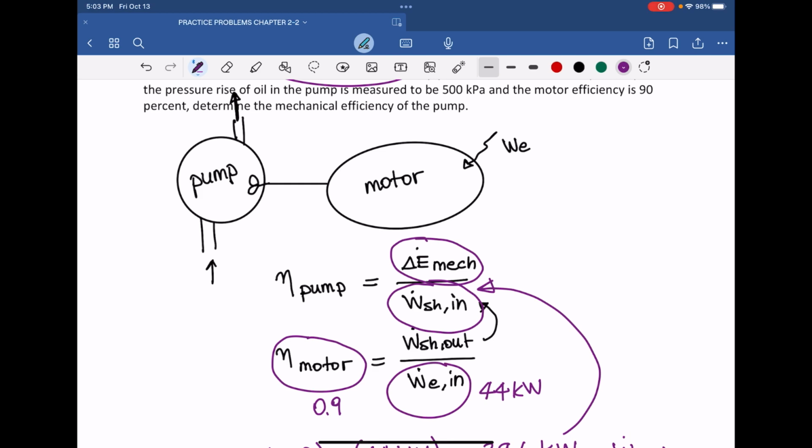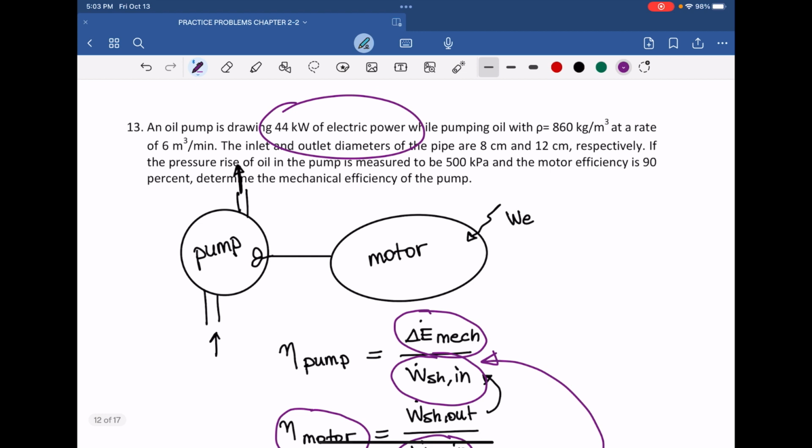And I think we can calculate that because they talk about the pressure difference, pressure change. They give us also diameters of the pipe inlet and outlet. So at the inlet it is 8 centimeter, outlet is 12 centimeter. If the question gives me diameter information, that tells me that I need to calculate the area. And if I'm going to calculate the area, probably I'm going to use it in the velocity times area is equal to volumetric flow rate equation.